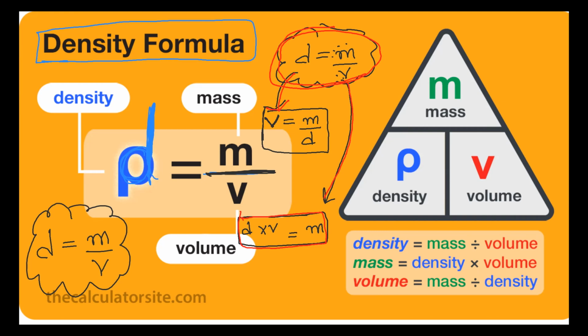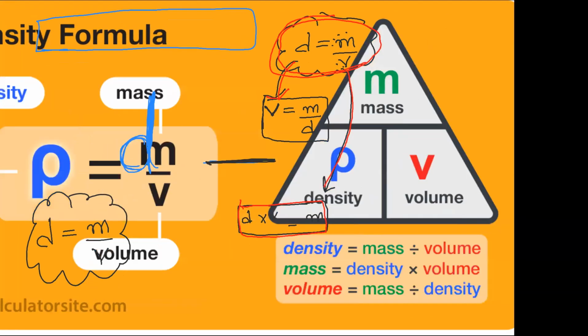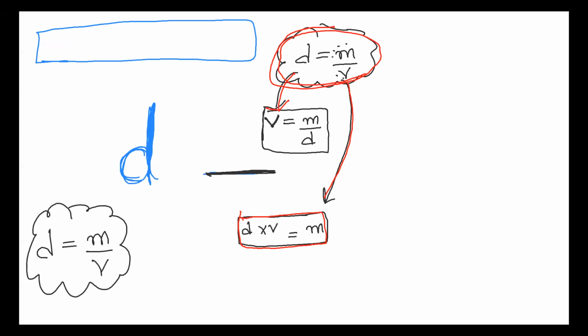Now, if you suppose you forget and don't remember anything, the other way to remember the formula is like this. Whenever a question is given to you on density, just make a small triangle, and write D over here, M over here, V over here.